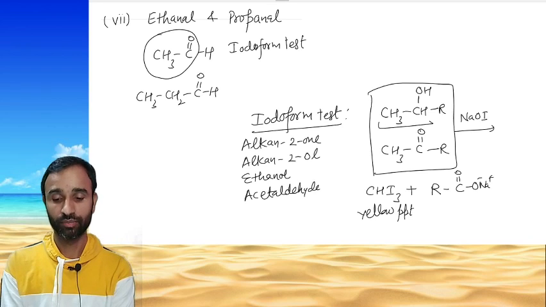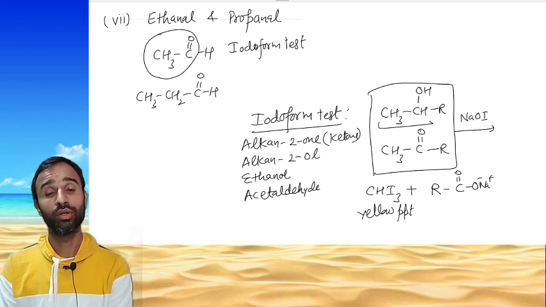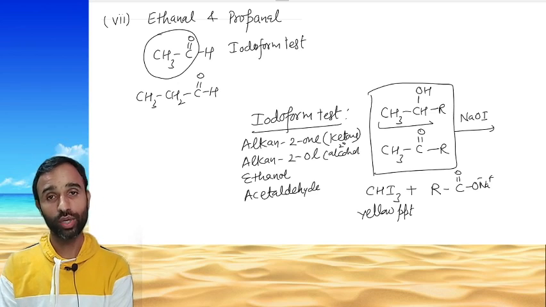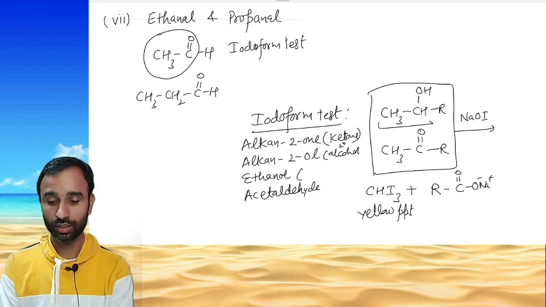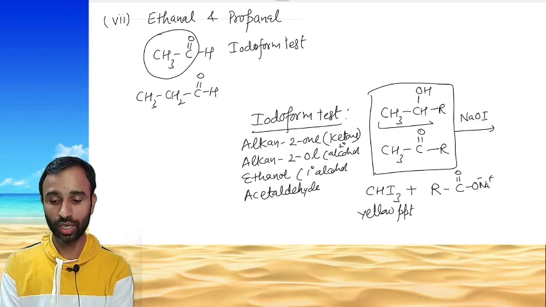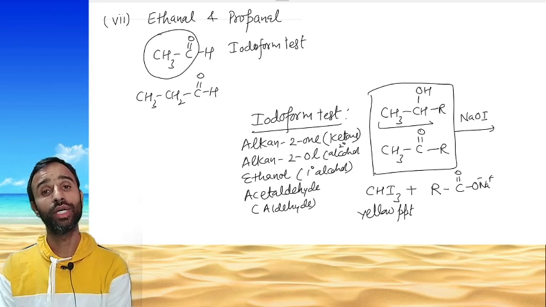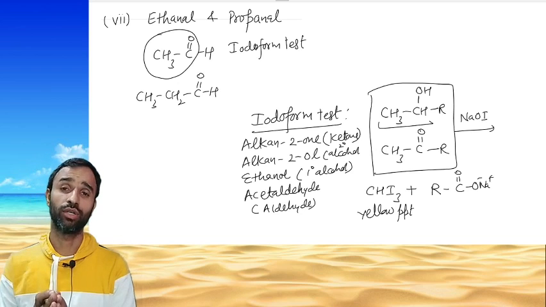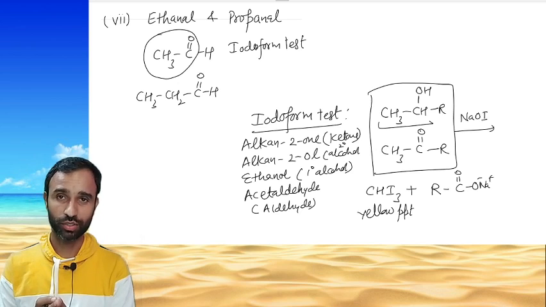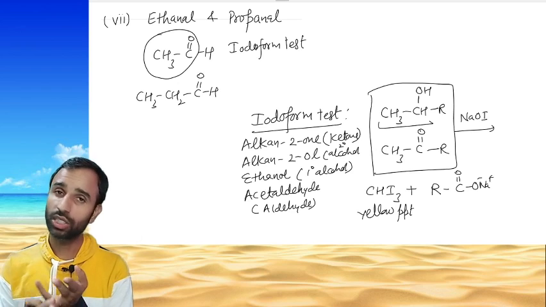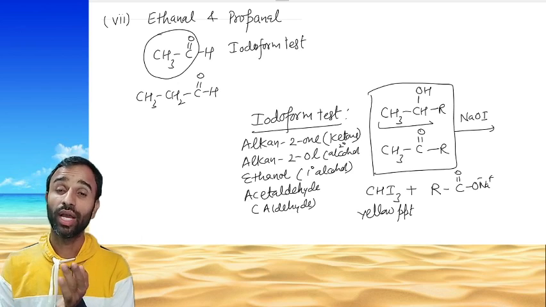See, all ketones having the CO group at position 2, all secondary alcohols having the OH group at position 2, ethanol among primary alcohols, and among aldehydes only acetaldehyde will give the iodoform test. So it is a very, very important test to distinguish pairs of compounds. So keep in mind: iodoform test, Tollens reagent test, Fehling solution test, NaHCO3, and one more.